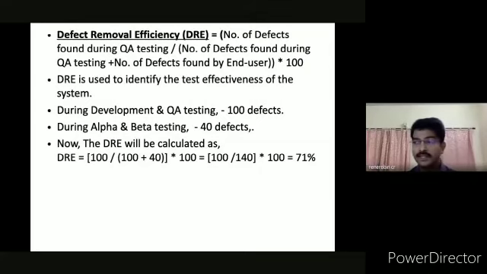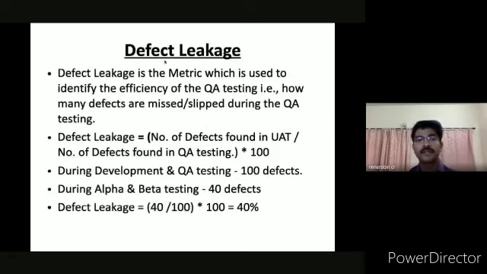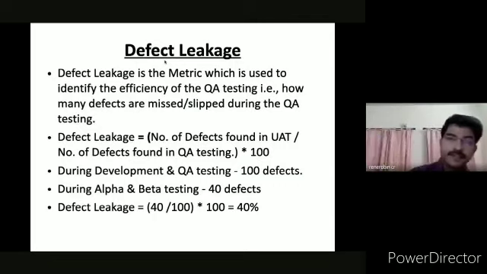Now the defect leakage. Okay, so defect leakage is a metric which is used to identify the efficiency of quality assurance testing. That is, how many defects are missed or slipped during the quality assurance testing. Okay, so there is no guarantee that we will be identifying 100% of defects. Even if you are a smart tester, you cannot say that you can generate 100% test cases.